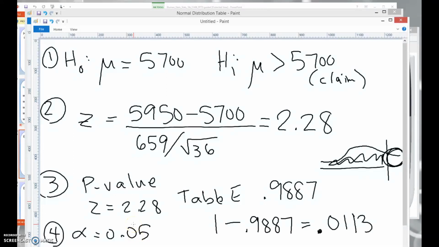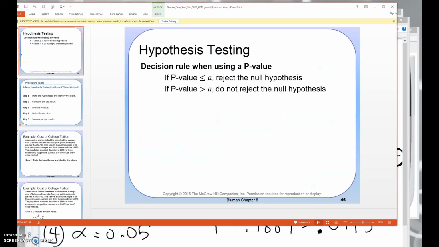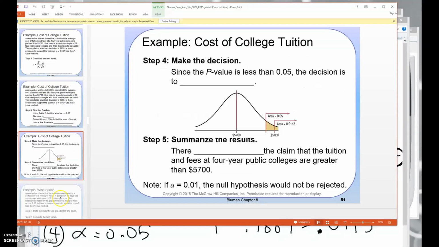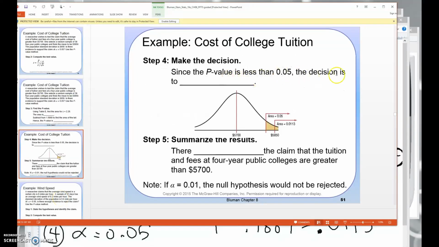Because it's less than our alpha value, we reject the null hypothesis. So here is where we're at. Since it's less than, the decision is to reject the null. And then we can say for our summary that there is enough evidence to support the claim that the tuition and fees are greater than $5,700.